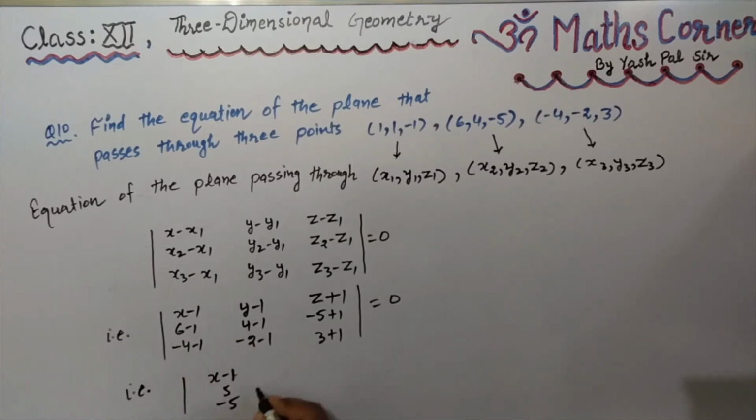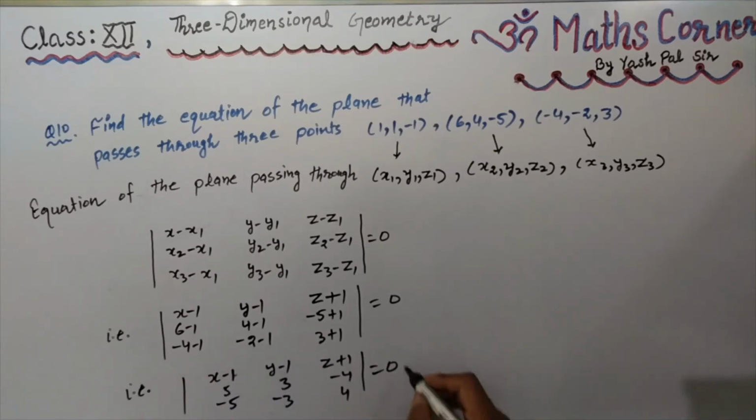So again we say that is x minus 1, 6 minus 1 is 5, minus 4 minus 1 is minus 5; this is y minus 1, 4 minus 1 is 3, minus 2 minus 1 is minus 3; this is z plus 1, this is minus 4, this is 3 plus 1, 4, is equal to 0.